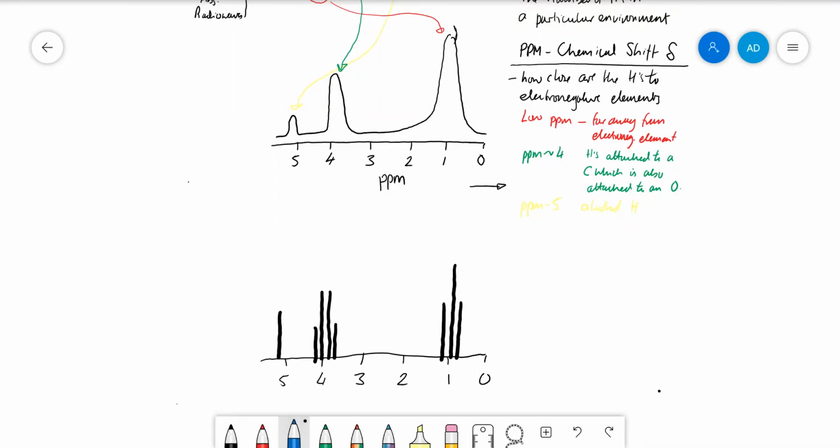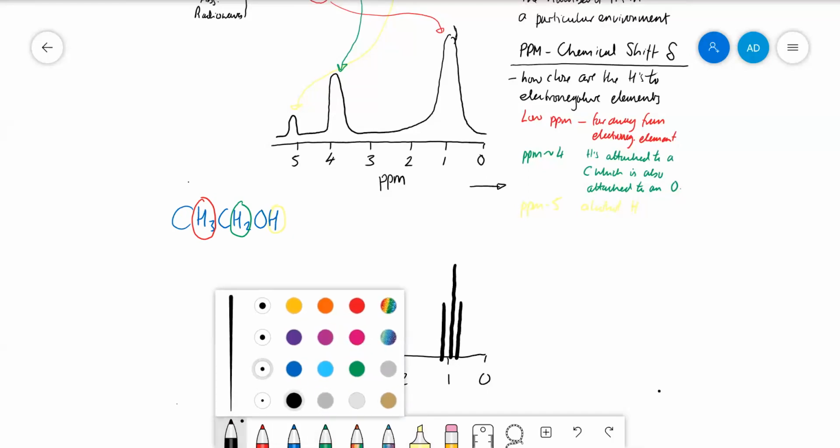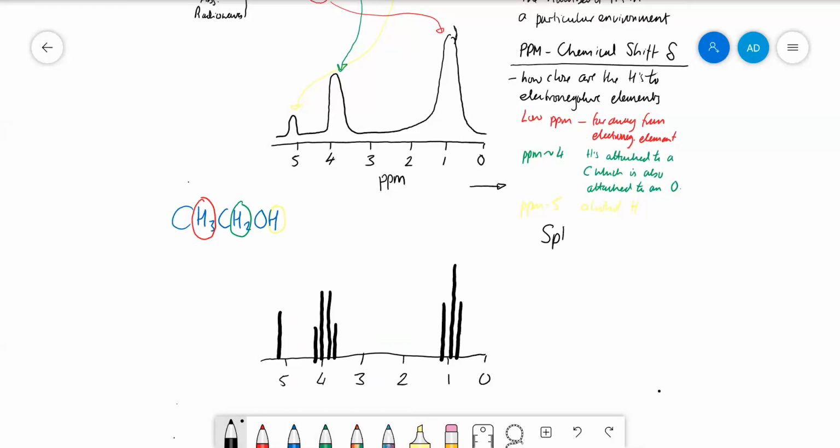So I'm going to draw the structure of ethanol again here, and use the same colors, red, green. We need to have a little think about what splitting can tell us about the compound. This is called splitting, when the big peaks are split into smaller peaks.